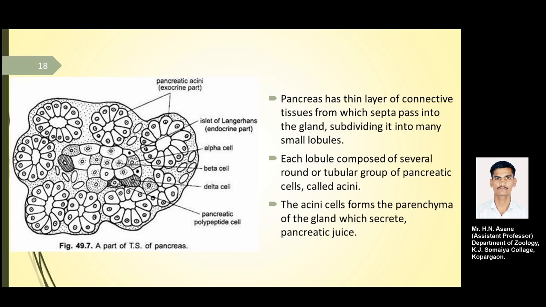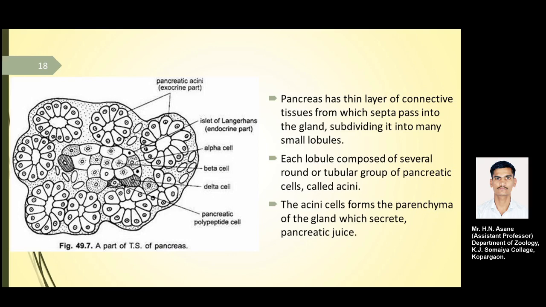As you can see the patches, the groups of cells are nothing but the lobules of the cells. Each lobule is again composed of several rounded or tubular groups of pancreatic cells called the acini.